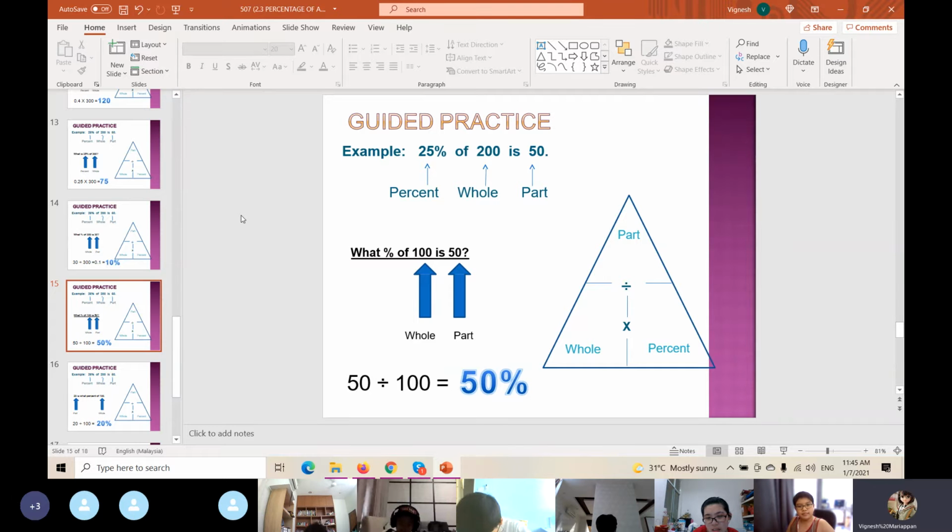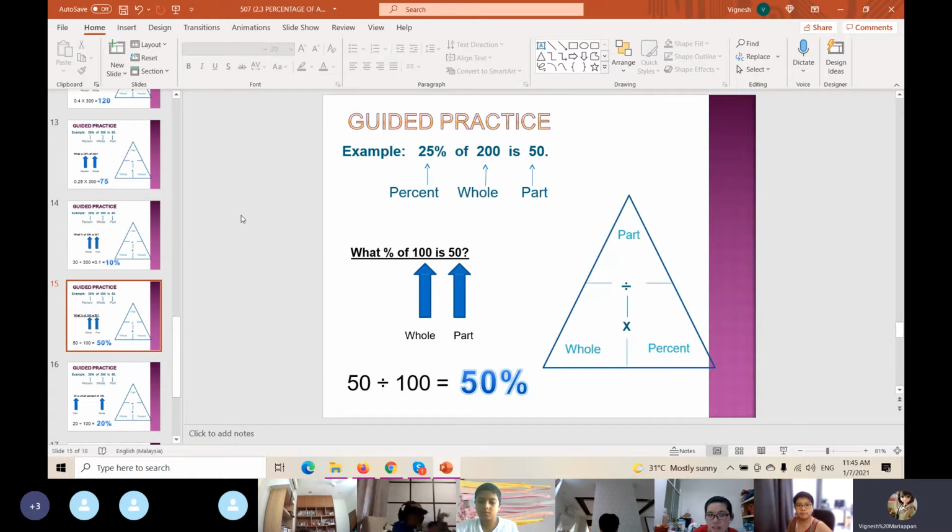What is the value for whole? 100. Okay. Why you said part divide with whole? Teacher is asking, why you said part must divide with the whole number? Just now you said part divide whole is correct.